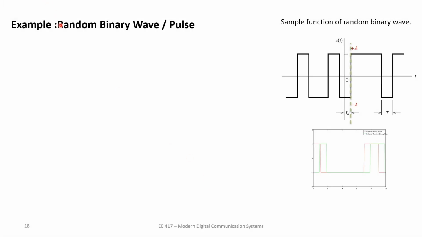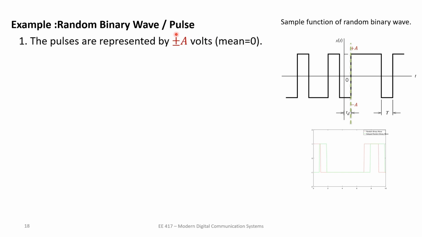The last example we'd like to do is the random binary wave or pulse. As the name suggests, this pulse is either +a or -a. So the pulses are represented by plus or minus a volts, and of course the mean would be 0. For every period capital T, we have either +a or -a.